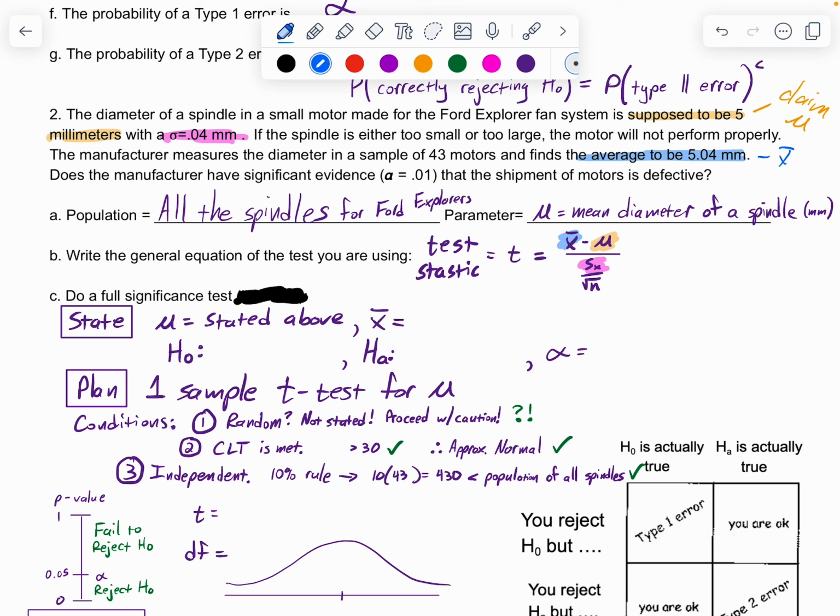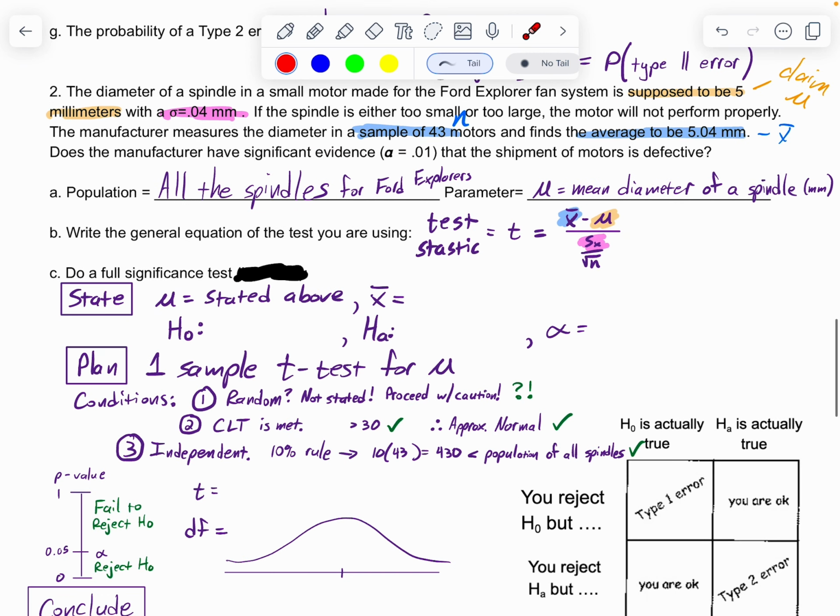Keep reading as we go. Sample size was 43. So that's my n, okay? And the alpha level is 0.01. The population is all the spindles that the Ford company has ever made, and they make millions of cars. The parameter is mu.